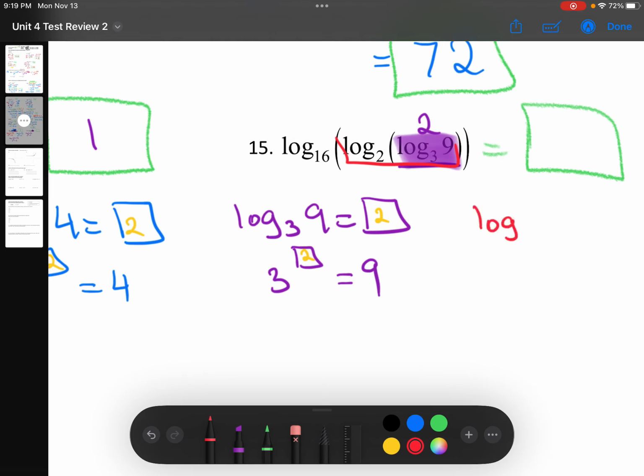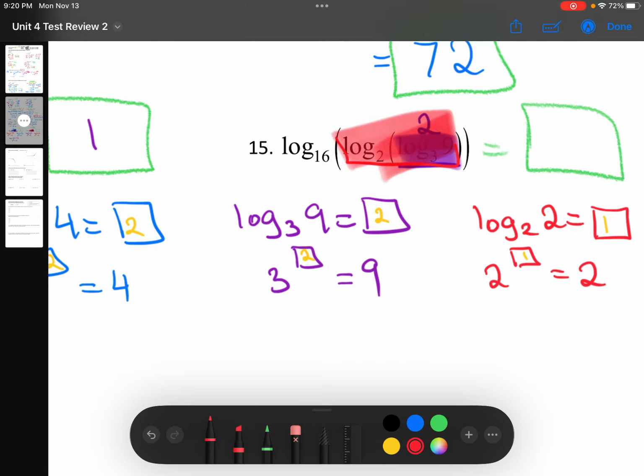Then do the middle piece. Log base 2 of 2 equals something. So 2 to some power equals 2. That value is 1. 2 to the first equals 2. So this log gets replaced with 1.